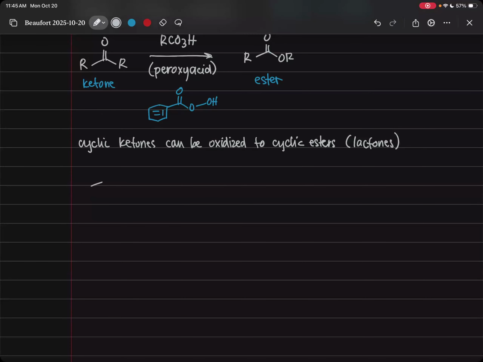So if we take cyclopentanone and treat it with a peroxy acid, we get this six-membered ring lactone.